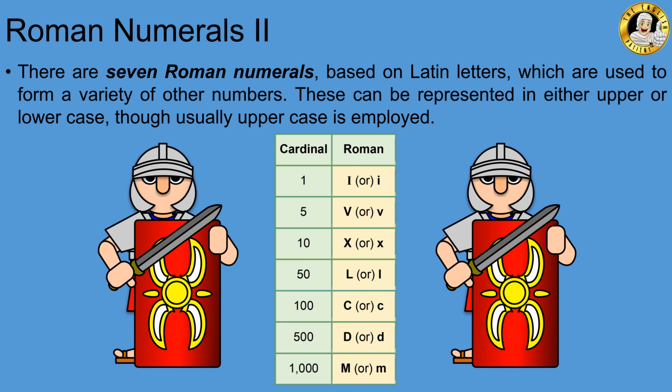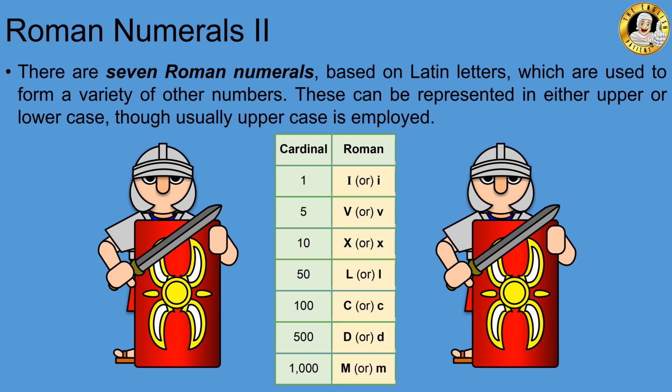Now, there are 7 Roman numerals, and these are based on Latin letters, the old Roman language of Latin. Remember that the written form of English came from the written form of the Romans, and in fact many of the European languages still use Latin script. That's why we still call it Roman script, because we never actually created our own language.